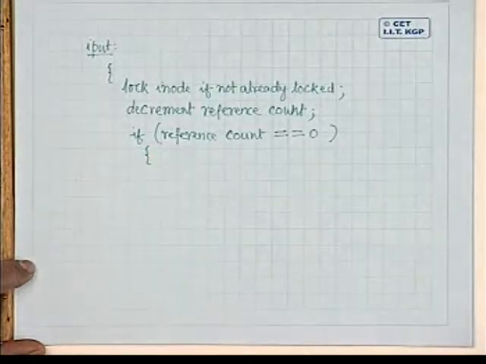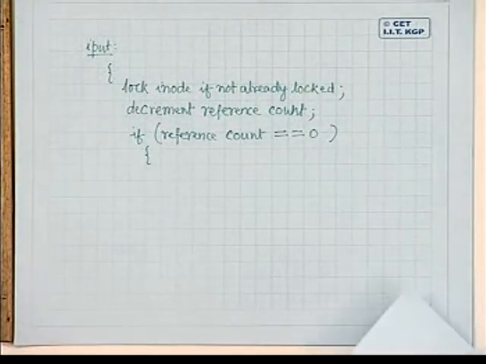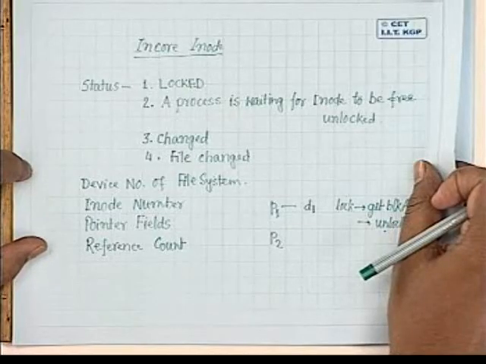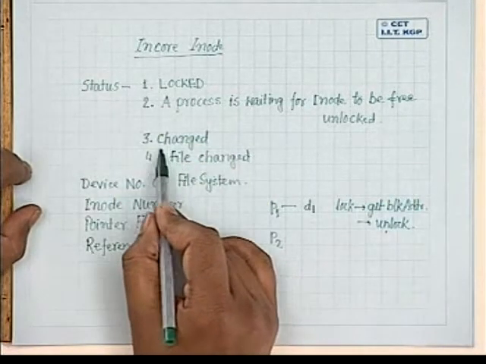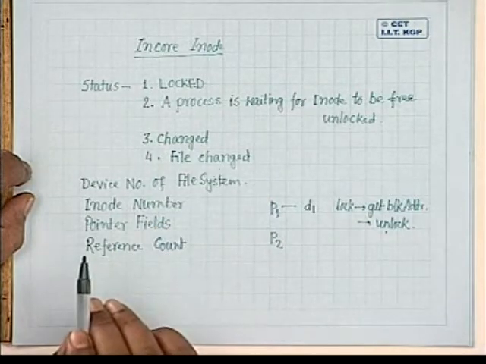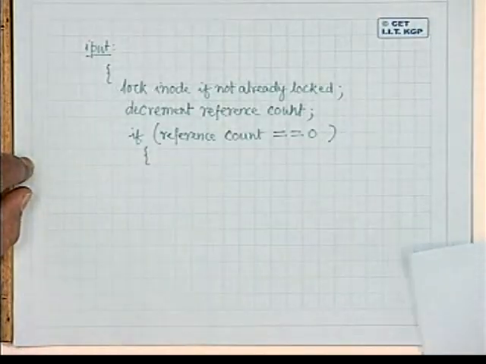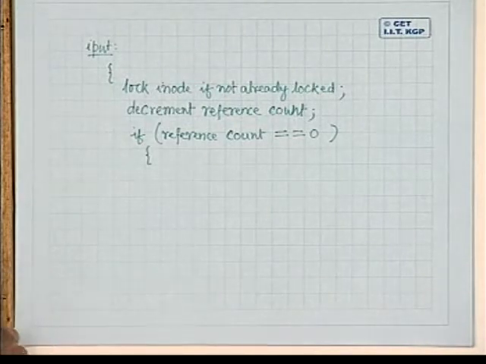When we talked about the in-core copy of the inode, we discussed different fields, including the status field, that is, whether the inode or the file has been changed or not. So if the inode is changed, in that case this inode has to be saved onto the disk, and only then will it remain in the free list.